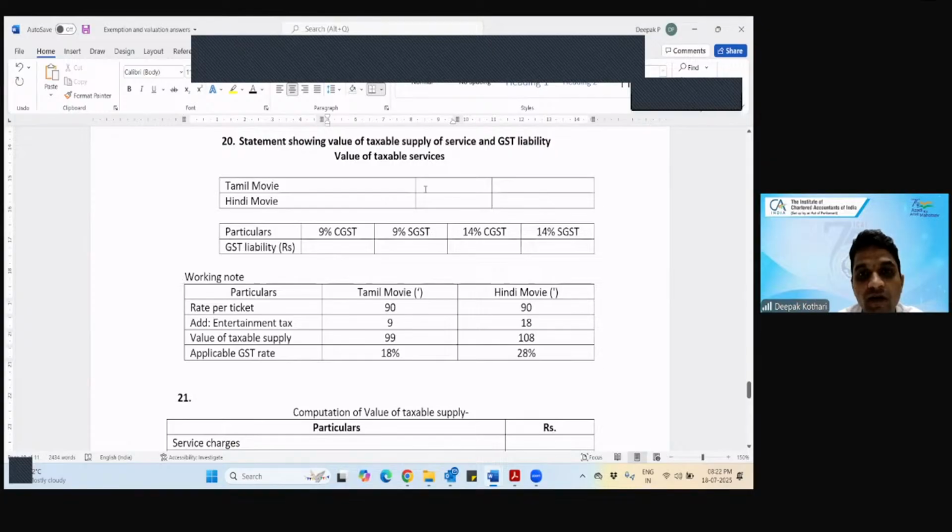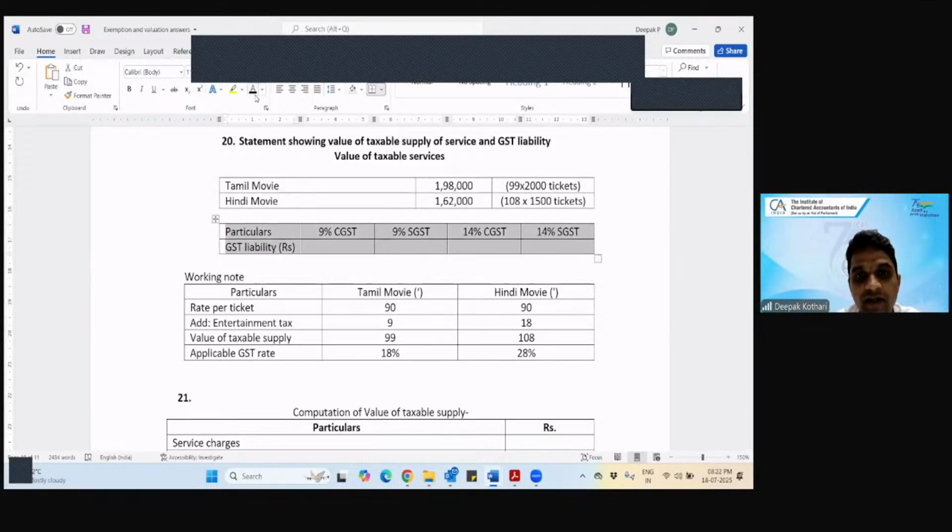So for the Tamil movie, what is the calculation we have? They have 2,000 tickets and the value will be 99 rupees, so 1,98,000 rupees. For the Hindi movie, it is 108, because 108 is the value here, into 1,500 tickets. So it is 1,62,000 rupees. So on this value, what will be the GST liability?